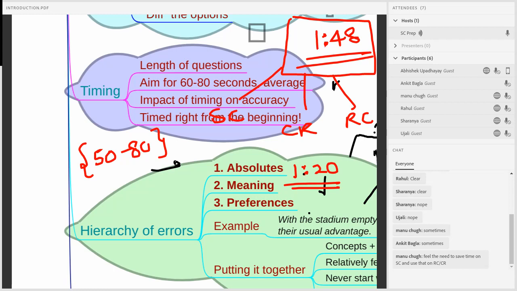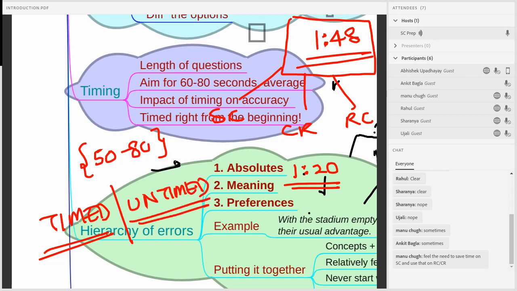So normally what I recommend is you take questions, you solve them timed. Make sure you solve them timed. And then, without looking at the answers, solve the same questions untimed. So without looking at the answers, this will give you both benefits.